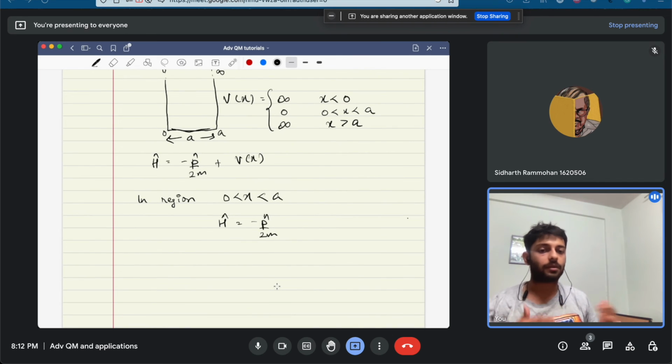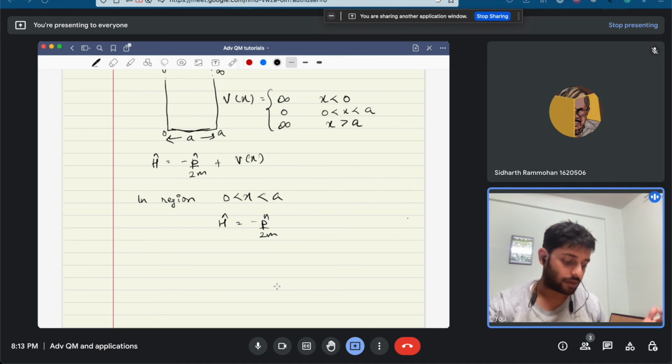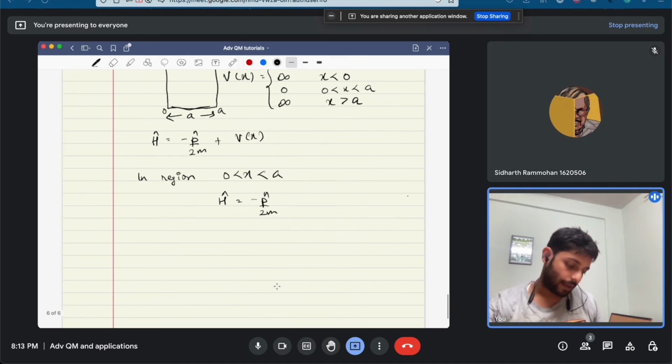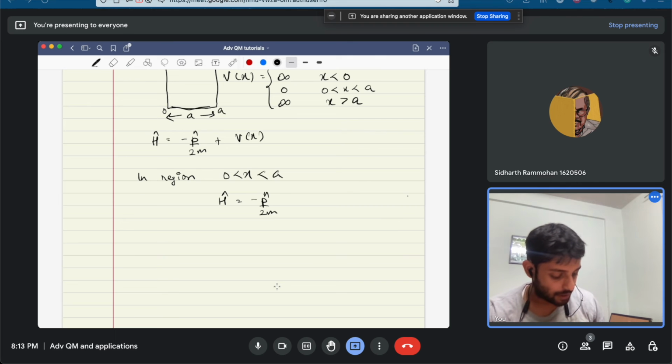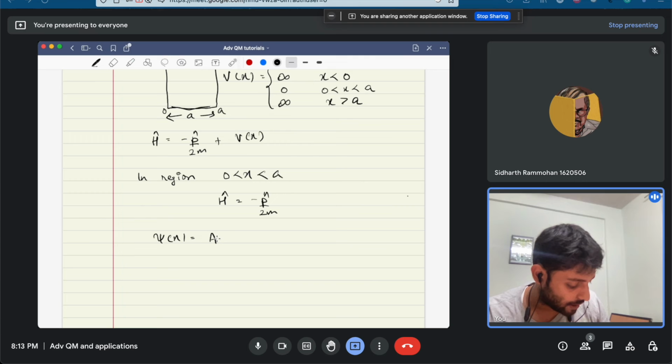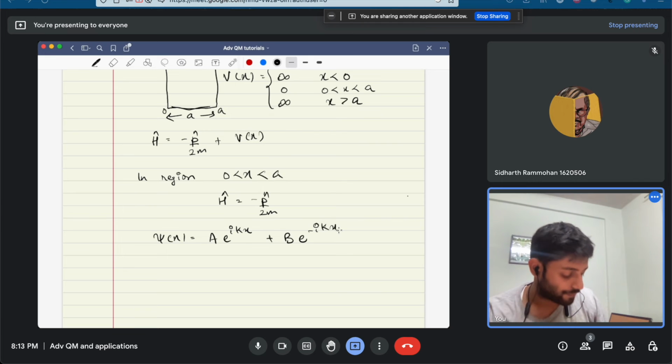So what we end up with in short is basically the wave function that we have seen previously, that is a e to the power i kx plus b e to the power minus i kx.